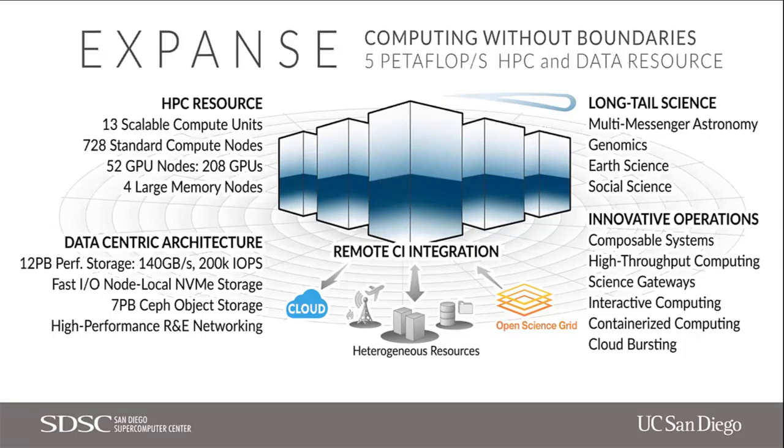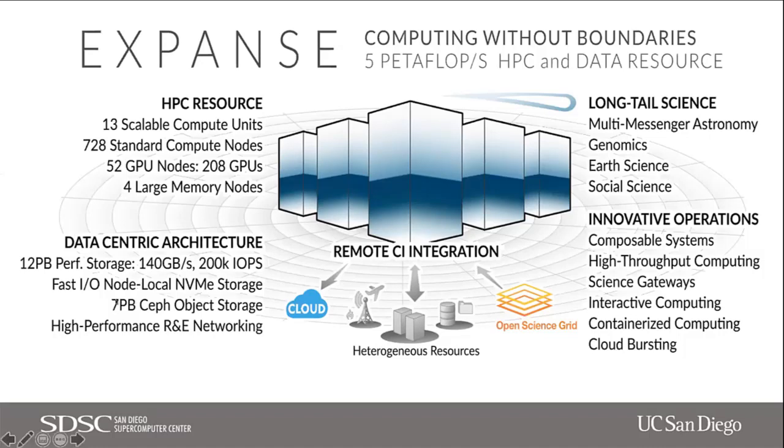In terms of the data, we have a 12 petabyte Lustre file system, which can do about 140 gigabytes per second on writes and 200K IO operations per second on the metadata side. Actually, it's much greater than that.